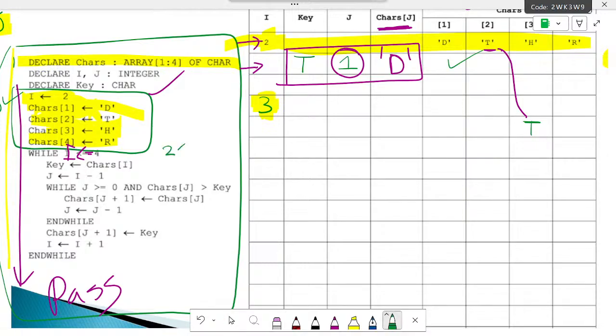Is 2 less than or equal to 4? Yes or no? So this is called true. Right? If the statement is true, that means you go into the loop. If it was false, you would skip. Agree or disagree? So now we are right here.